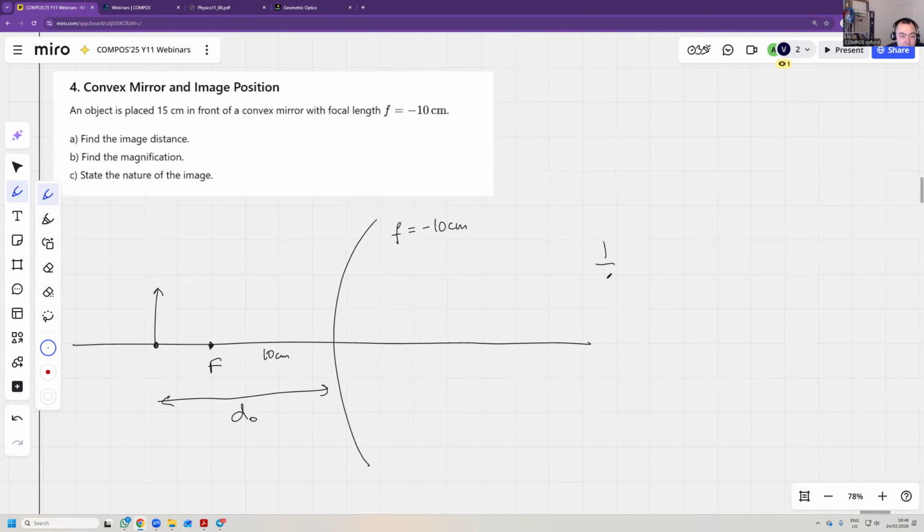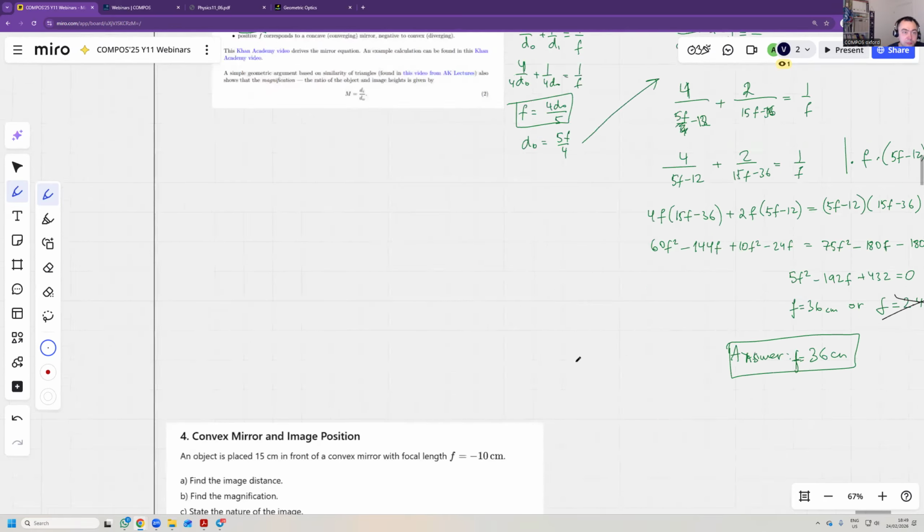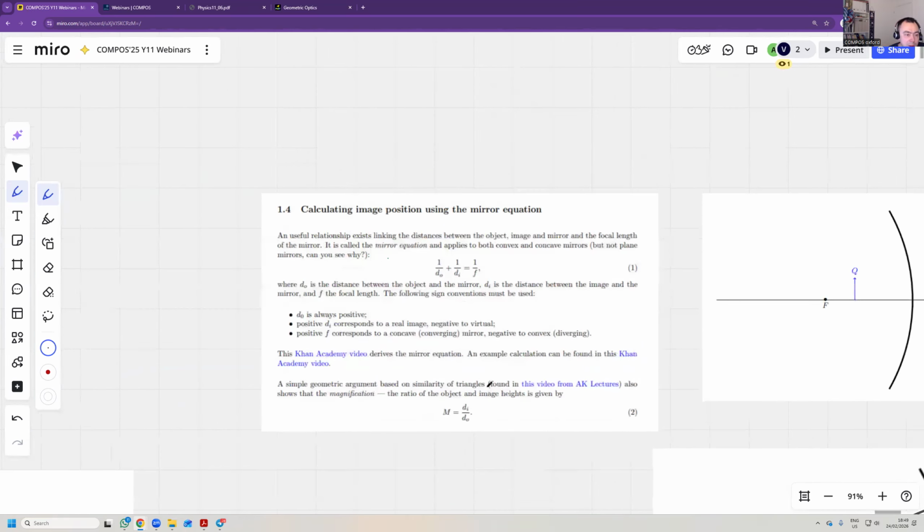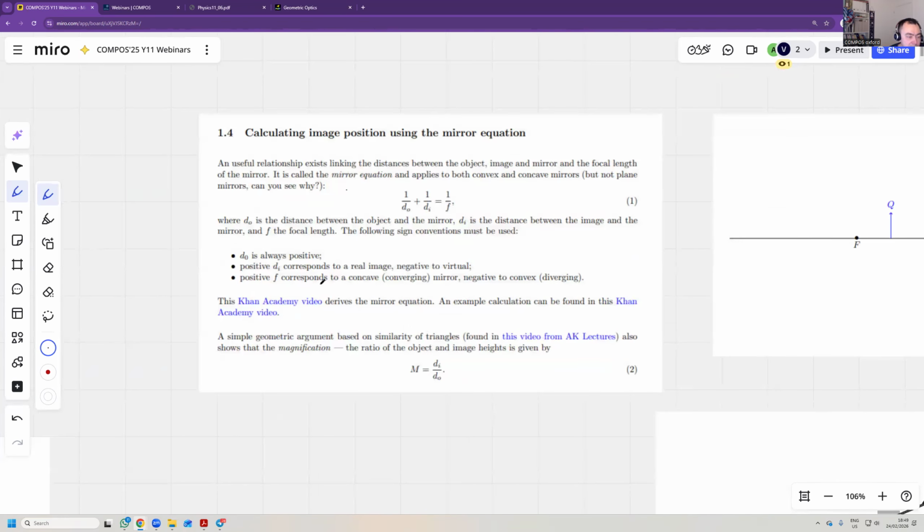Now, 1 over DO plus 1 over DI. And let's look at the rules. D0 is always positive. Positive DI corresponds to real image, negative to virtual.